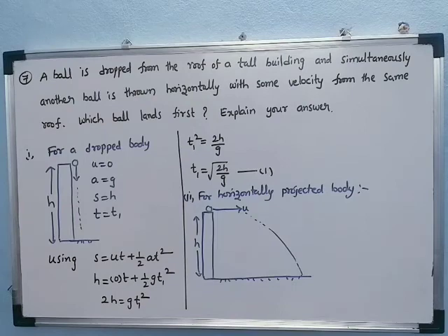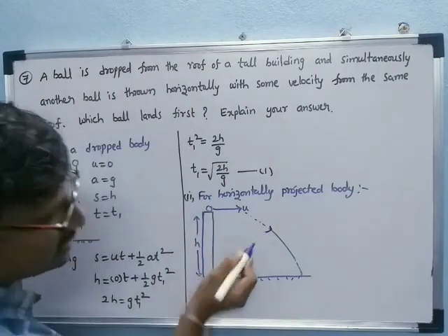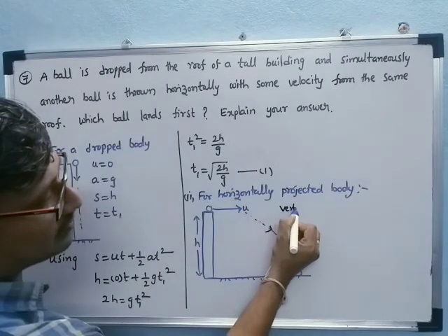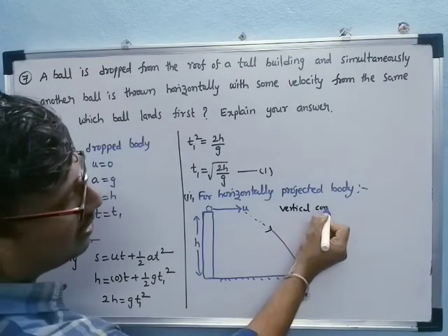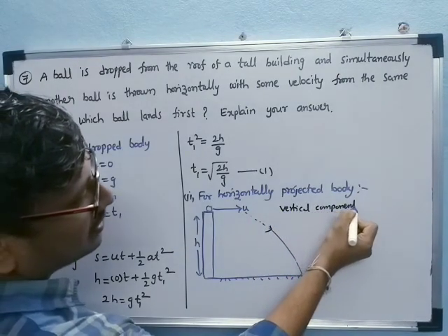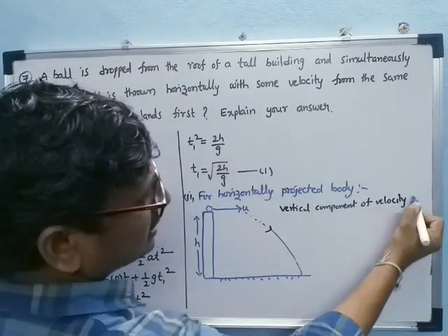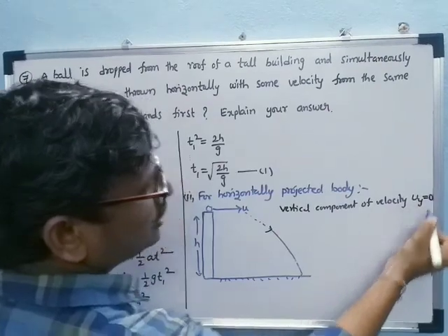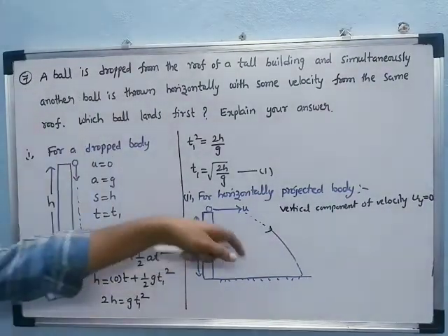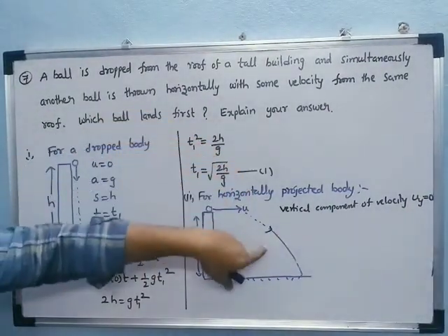Now its initial velocity, the vertical component of velocity, uy is equal to 0, because it's also a freely falling body.